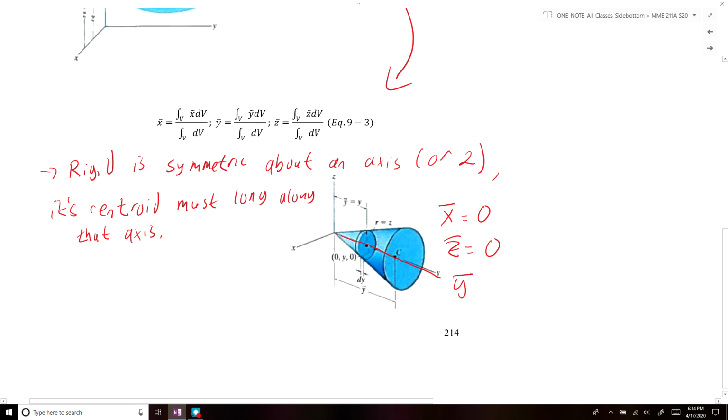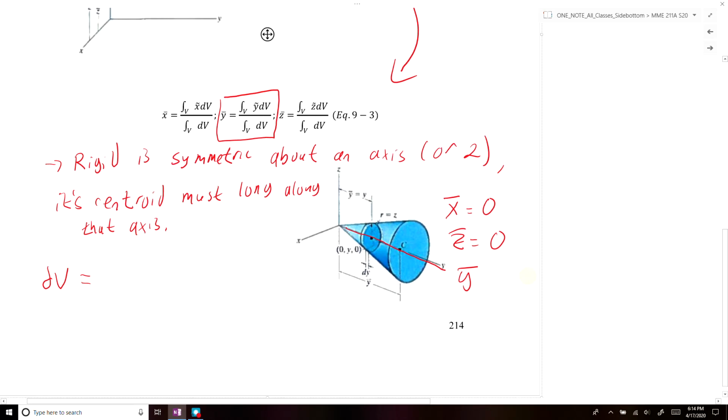To calculate y bar, we would have to use this equation here. In order to solve that, we need to determine what our total volume would be equal to. The first thing we need to do is define our differential volume element, which we have as a small disk.